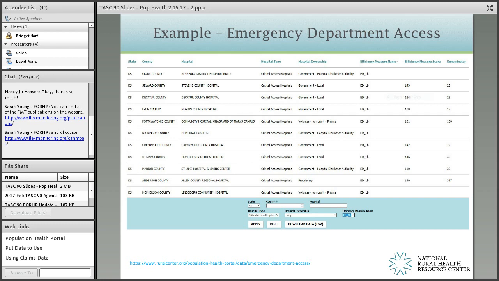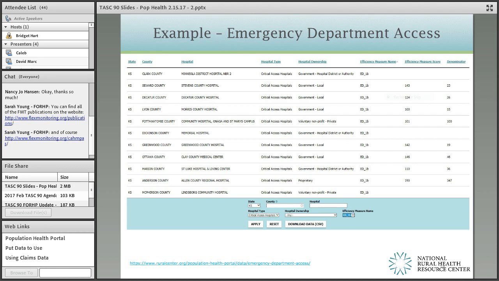Then you hit apply, and this pulled up part of the hospitals in Kansas, not all of them, because there are so many it's more than one screen. And then there's, of course, the county and the hospital name. These are all CAHs, and it does include the ownership, and then the efficiency measure name, and then the score and the denominator.